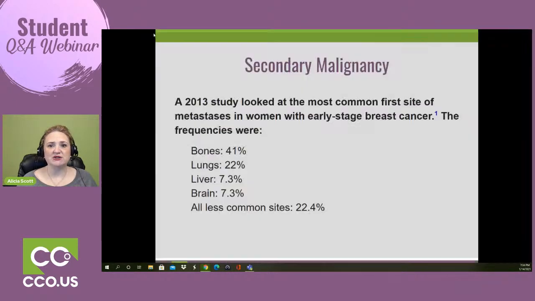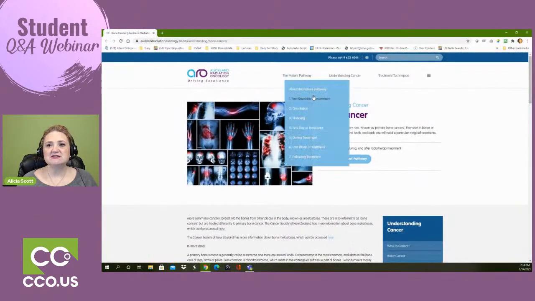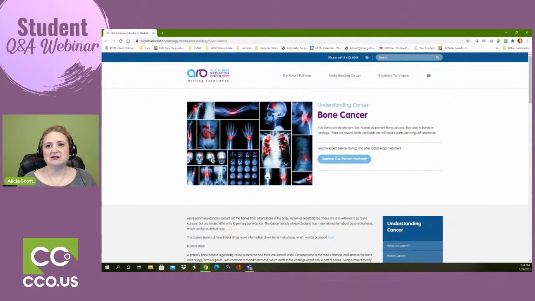Now I also want to show you another site, that Auckland Radiological Center. This is a different type of site. This is usually based on giving information to providers, and so a little higher level.